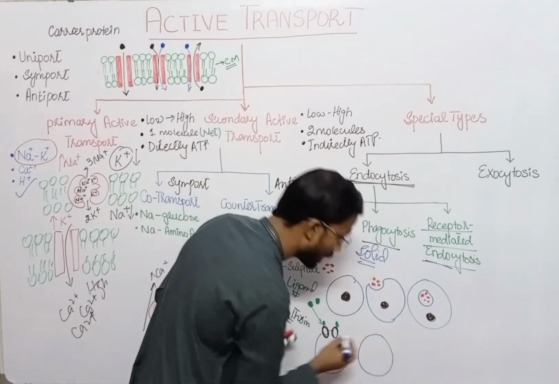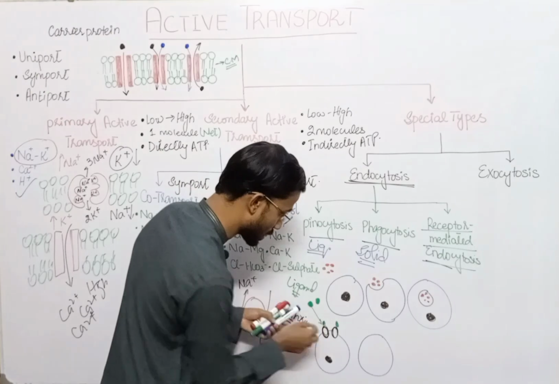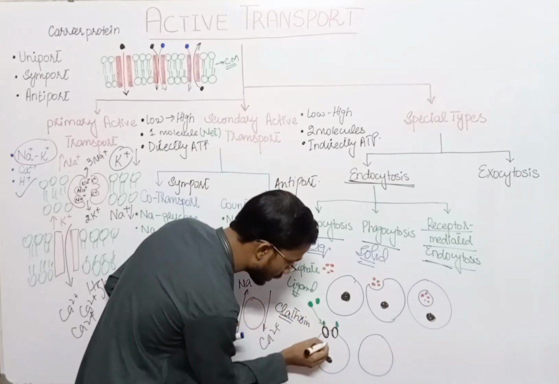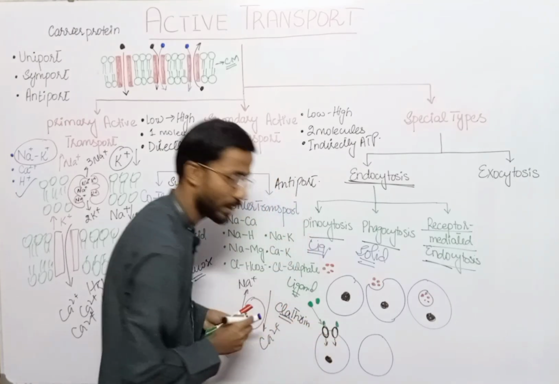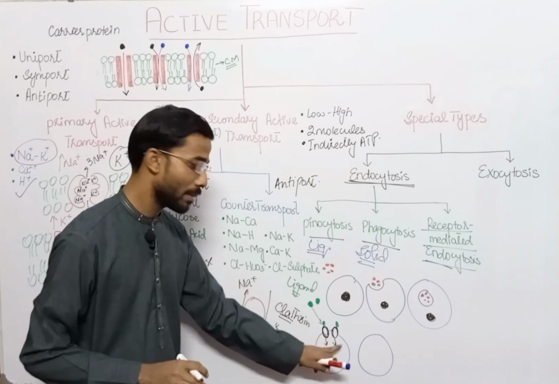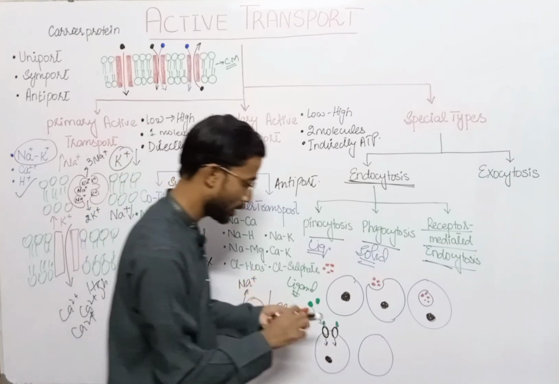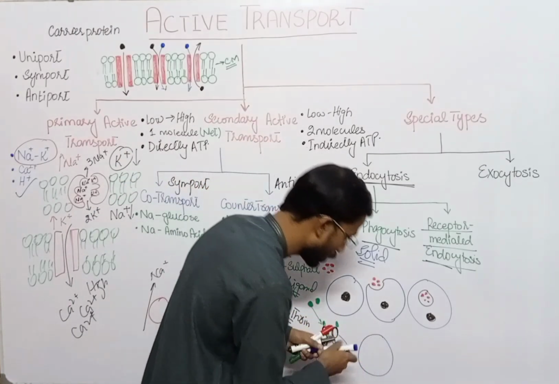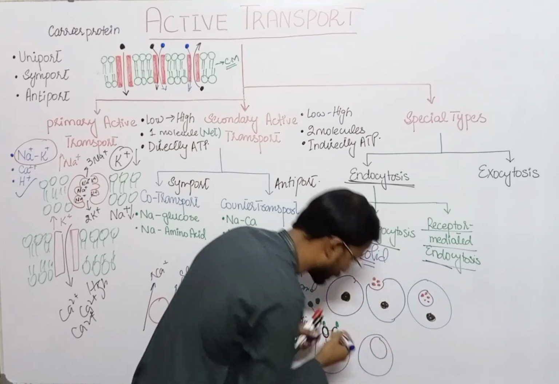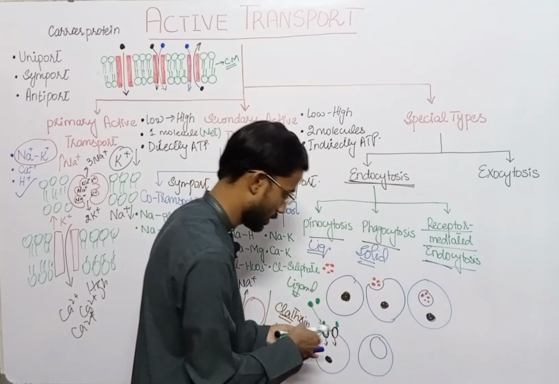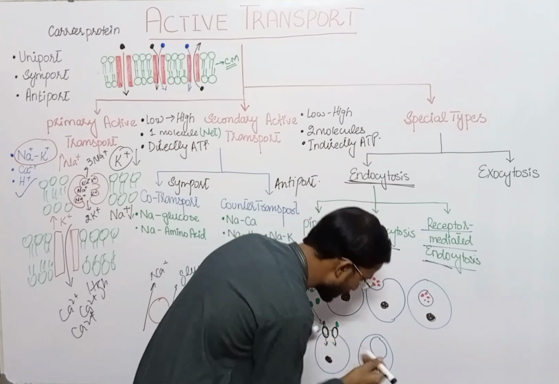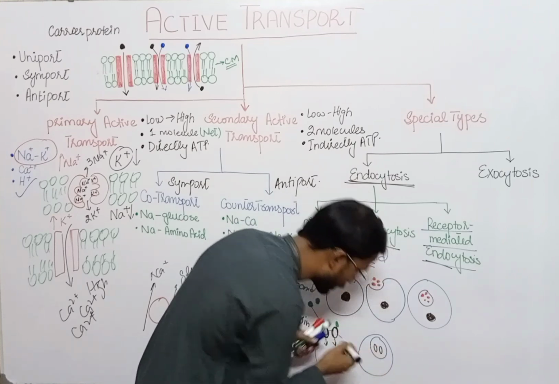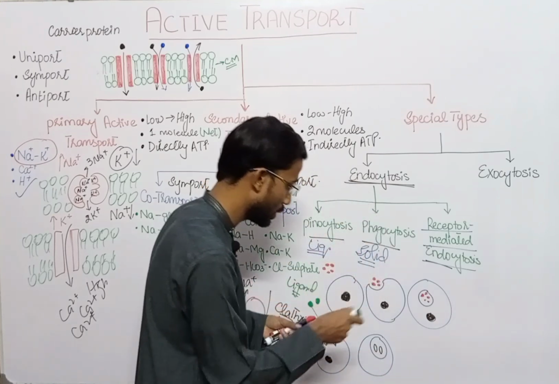After their attachment, these receptors will move inward, leave the plasma membrane and move inside. They will look like this. Here is the receptor along with its ligand.